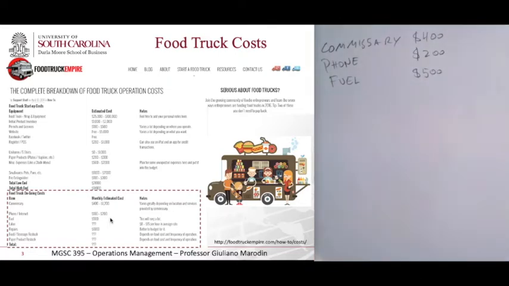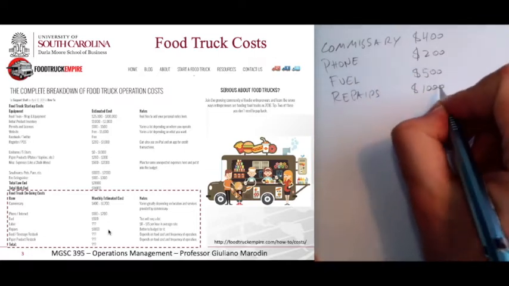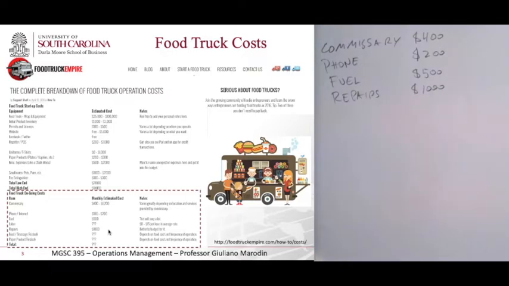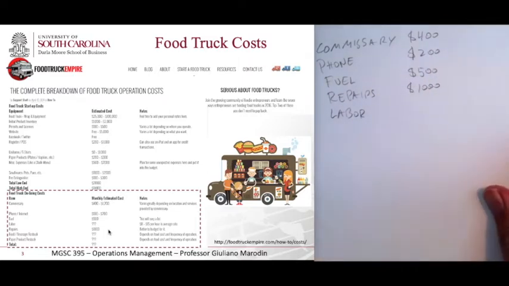And we have repairs, which is going to be $1,000. Imagine that we have some spots that we usually use for our truck. We have designed a plan to park here and park there. So, selling to USC students between classes, maybe we park close to the campus and all that. And we have labor. These four here they already gave us.